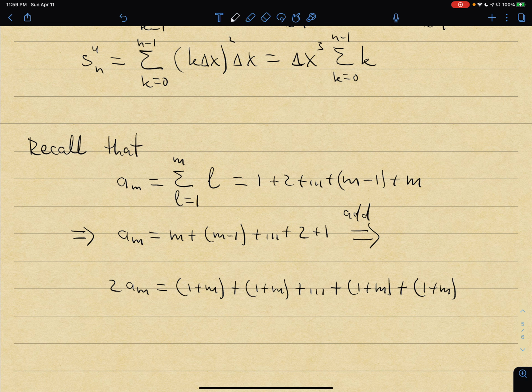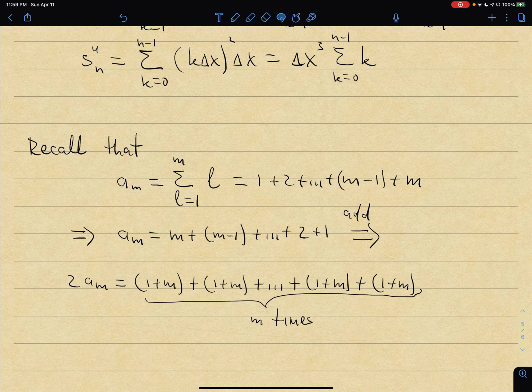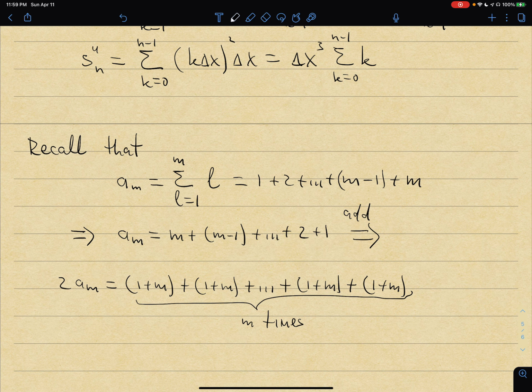How many of these 1 plus m's would I have? Right, I'm adding terms from 1 to m, so that means that there should be m of these terms. So altogether, this will happen m times. And if I add m plus 1 to itself m times, then what is that? That's 1 plus m, or m plus 1, that's the same thing, times m.